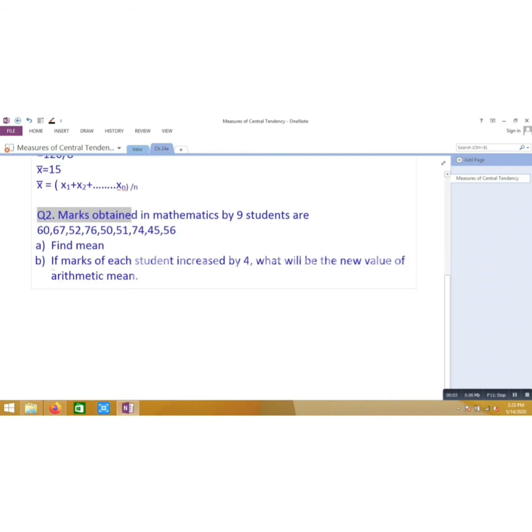Second question, marks obtained by the students in mathematics is given below. Of 9 students, we need to find the mean. That's the first part of the question.